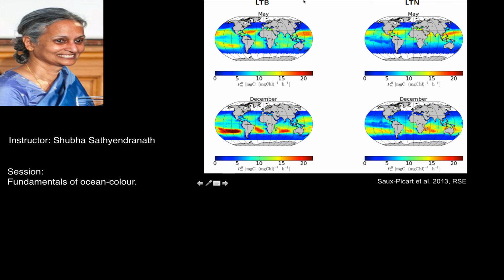So we made a satellite analog of such models by saying that if you know how much chlorophyll is there, that's also telling us how much nitrogen had been available to produce that much biomass. So then biomass becomes a proxy for nitrogen supply, not necessarily concentration. And then we use that to map the parameters.